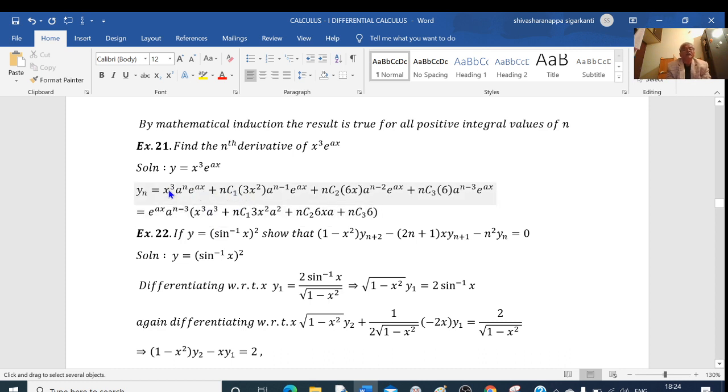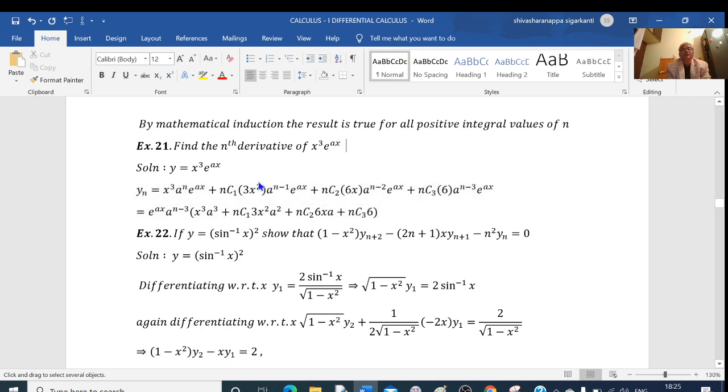Here I will write the derivative of this. The derivative of x cube is 3x square, and one less derivative of the second function. I have to write vn minus 1. Replacing n by n minus 1, I am getting a power of n minus 1 e power of ax, plus. Next write nc2.